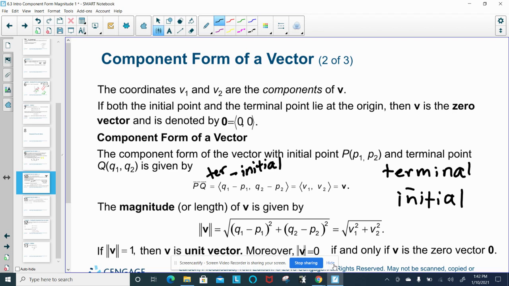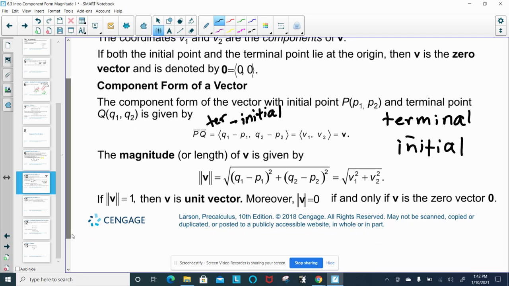Now, let me scroll down here just a little bit. Some more vocabulary. If the magnitude is 1, then it's called a unit vector. And magnitude can get denoted with 2 bars or with 1 bar. Different textbooks, again, do it differently.